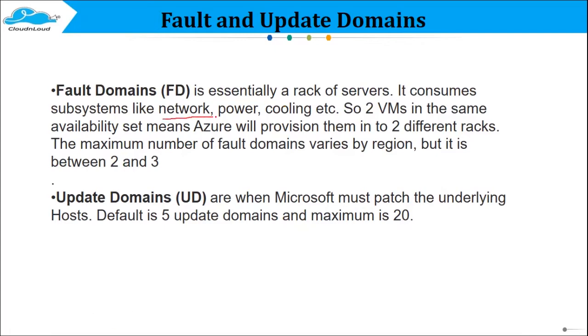If you go with one fault domain, everything will be shared from the same rack. So the update domain spreads across two fault domains. This is rack 1, this is rack 2, and there is a server here. So you need to go this way. This is update domain, this is fault domain.